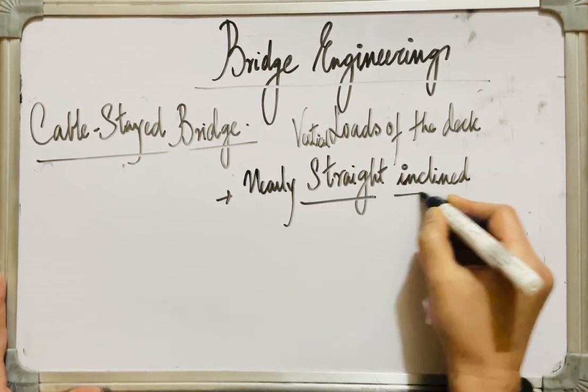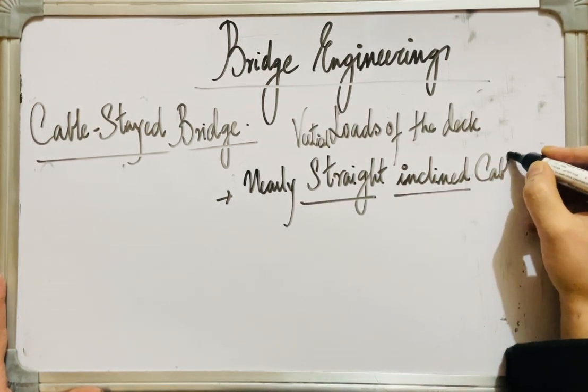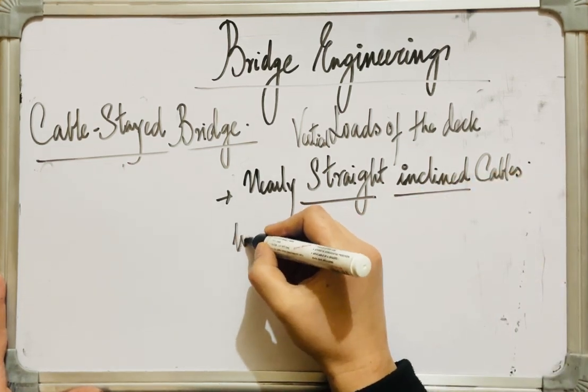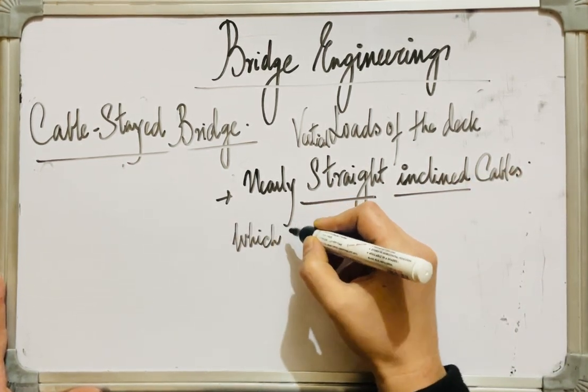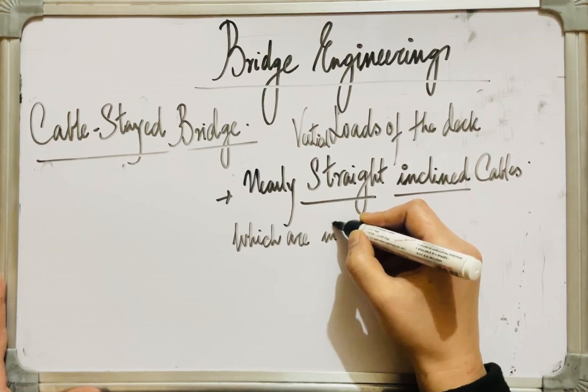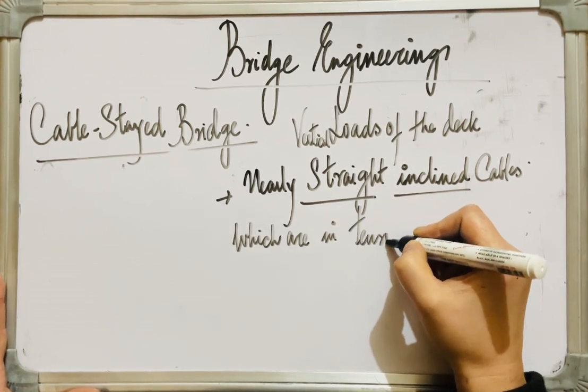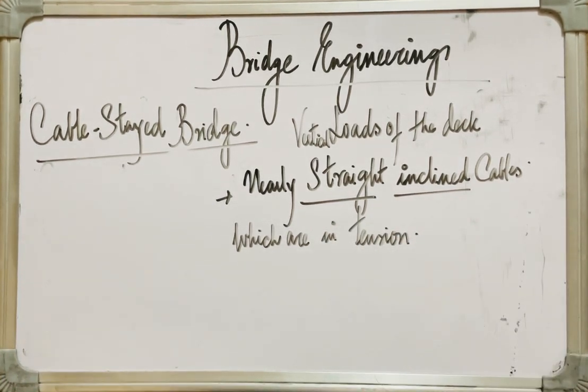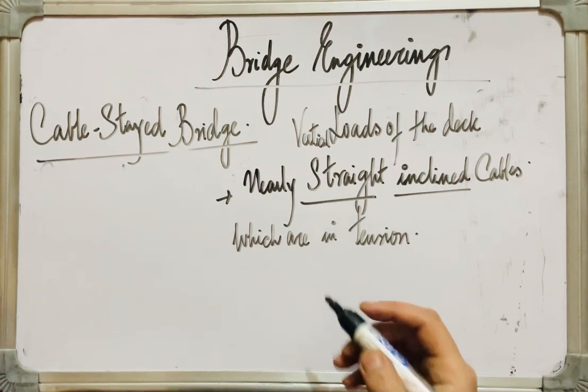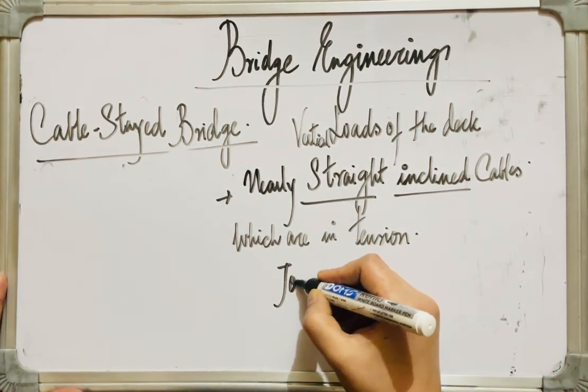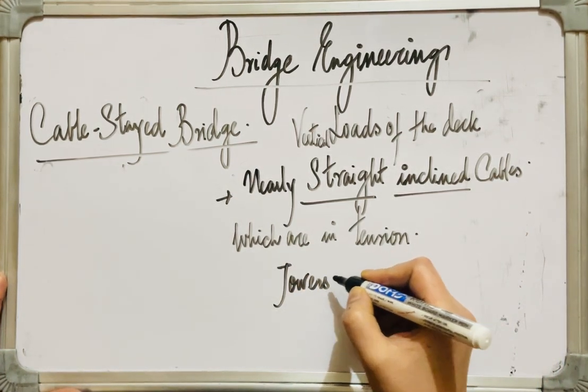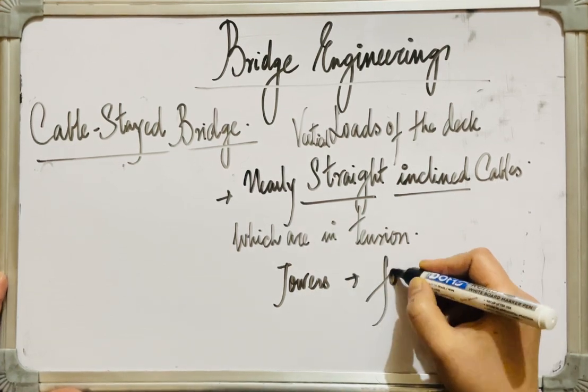They are straight but they remain inclined cables which are in tension. They remain in tension. And then the load is transferred from these cables to the towers, and then from towers to the foundations below.